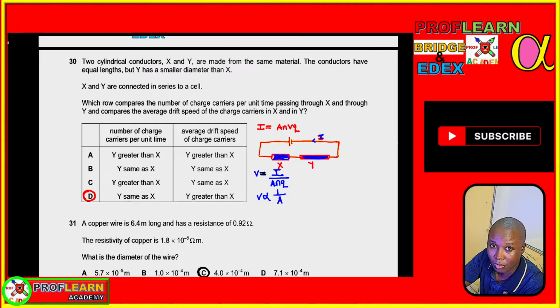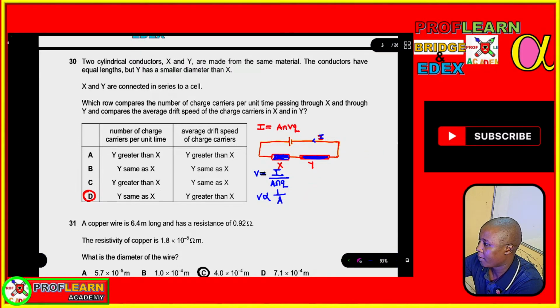So something that we need to understand here is that when the 2 conductors are connected in series, they are going to have the same current. Same amount of current is going to pass through here. So current I will be the same.